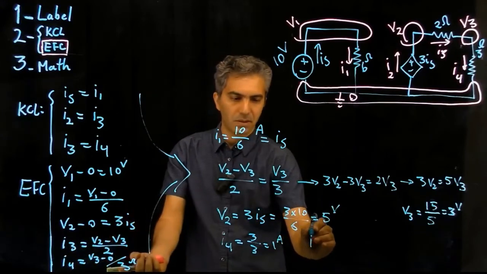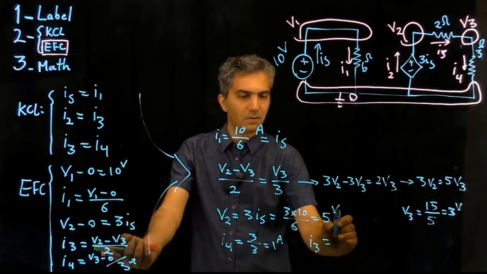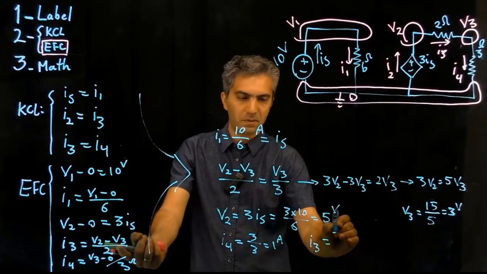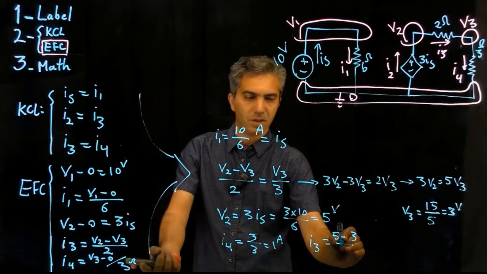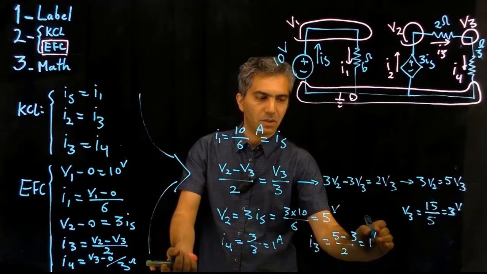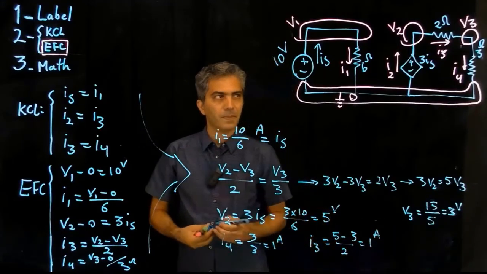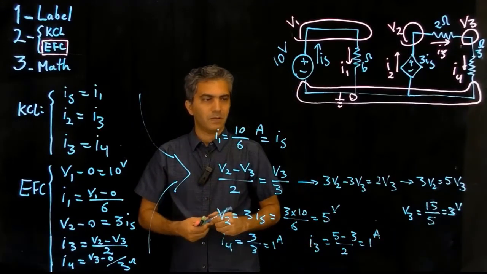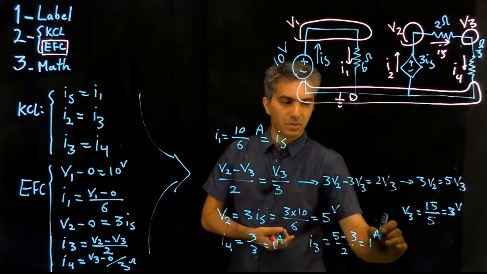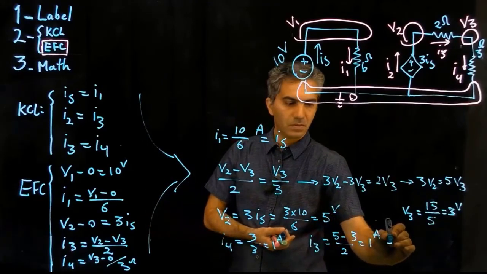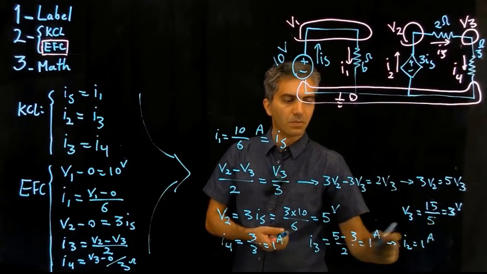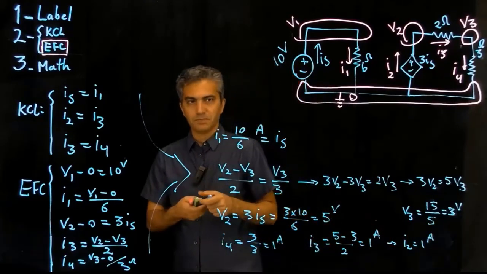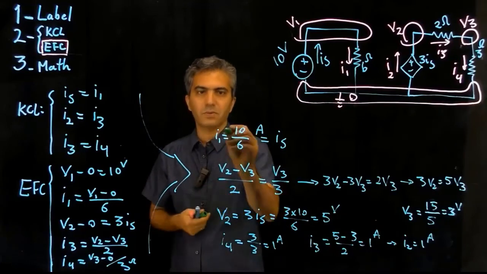I can calculate I3 as V2, which is 5, minus V3, which is 3, divided by 2, 1 amp. And we know that's also equal to I2, so I2 is also 1 amp. So we're done. We know all the values for all the currents.